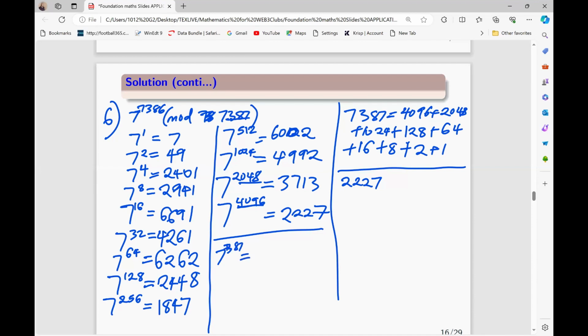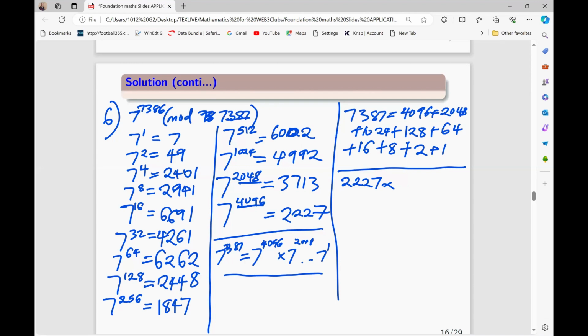It's going to be 7 to the power of 1486 times 7 to the power of 2048 up until we reach 7 to the power of 1. So these remainders we're finding, we have to multiply them. We won't be adding them as we are showing here because of the indices, the rule of indices.